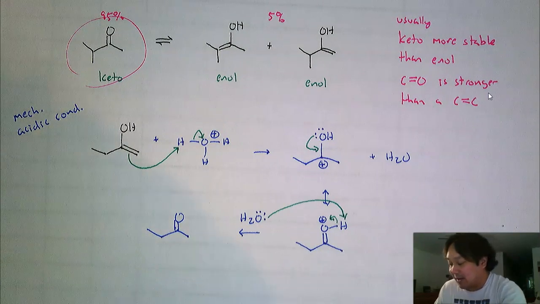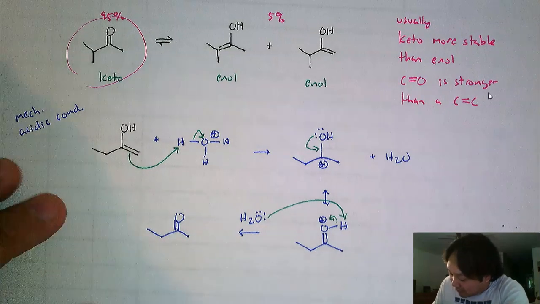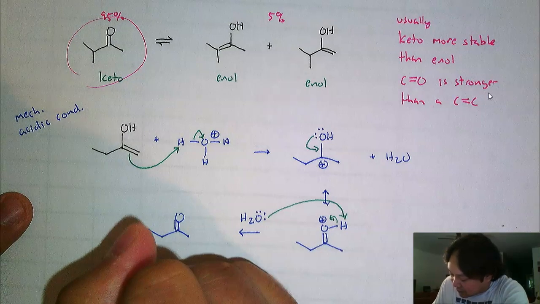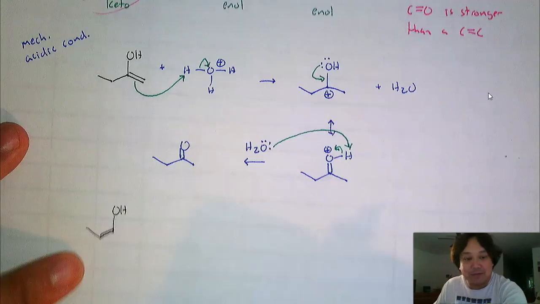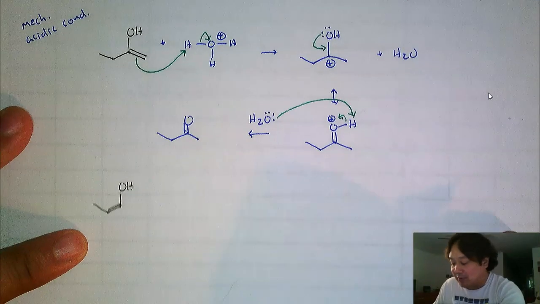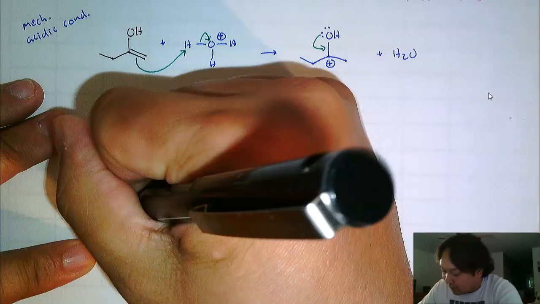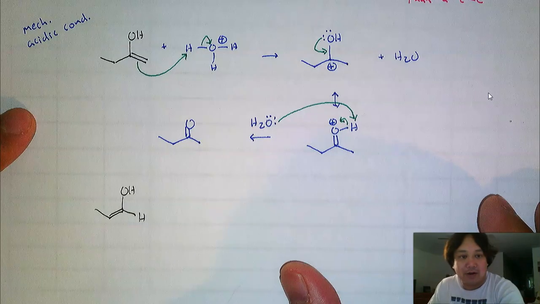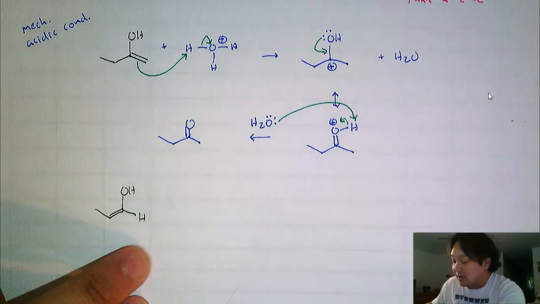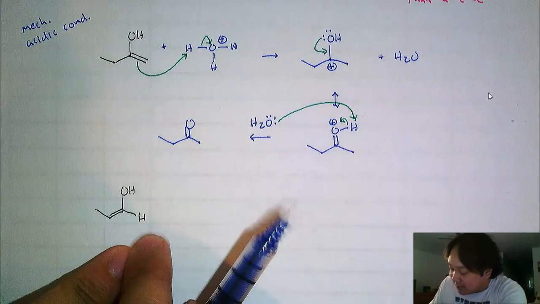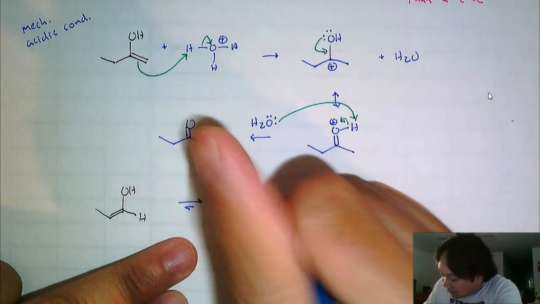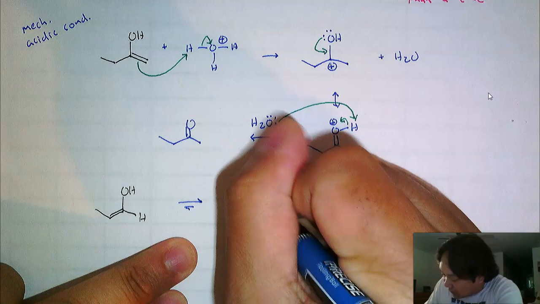Well, I don't have that example. What if we had this example here? And then we'll go to the reactions. How about that one? Okay, I'm trying to put these both on the same view. Right there. What is the keto form of this? The keto form of this looks like that.